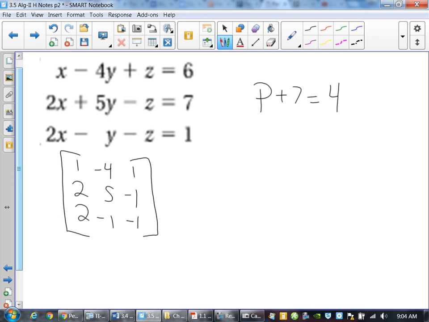When you undo something, you take its inverse operation. What's the inverse of adding? What's the inverse of multiplying? What's the inverse of square rooting? Square? Sure, I'll give you that one. So the inverse operation here would be to subtract 7, and you get p would be -3.